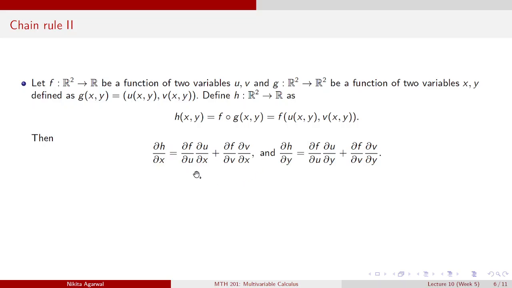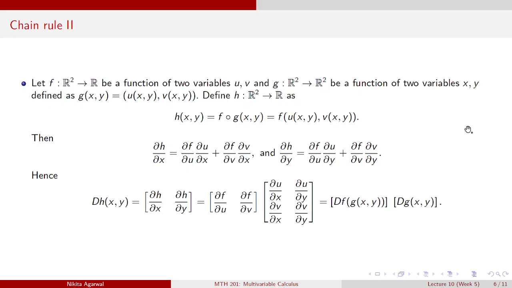Plus there is an x term here, so you differentiate f with respect to v times v with respect to x. Now mimicking this idea for the other variable y, partial h partial y would be partial f partial u times partial u partial y, plus partial f partial v times partial v partial y. This is what you get.